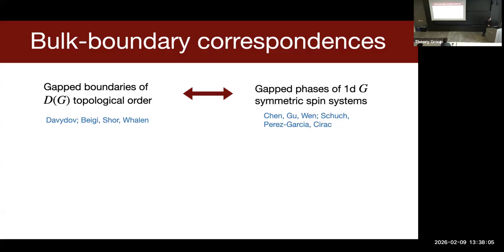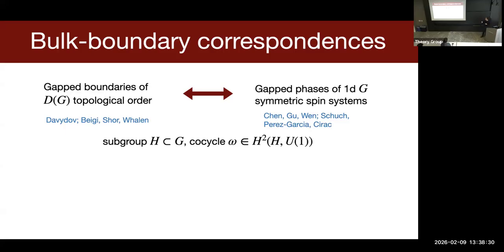these two ingredients. All I need to do is specify a subgroup H of G, so I imagine I've spontaneously broken down to this subgroup. And then I need to specify a cocycle in the second cohomology class. And this will label the projective representation that this SPT carries.